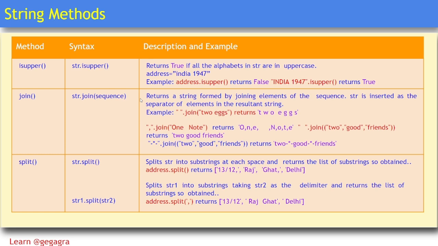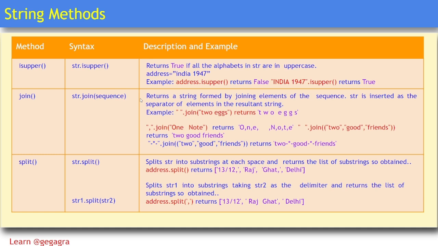Now the next function is join. It returns the string formed by joining the elements of the sequence. The str is inserted as a separator, whichever separator, for example a comma, is basically the separator of the elements in the resultant string. So see here, I have the string "two", and there are two words separated by one space.